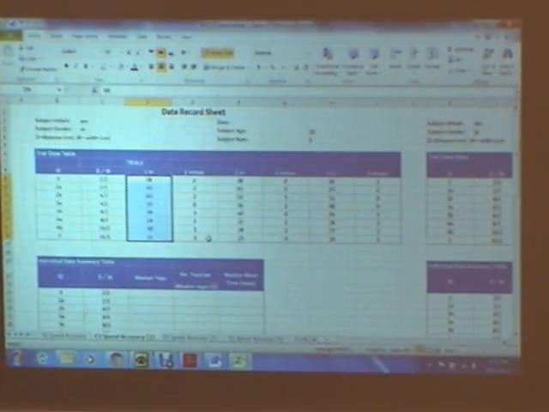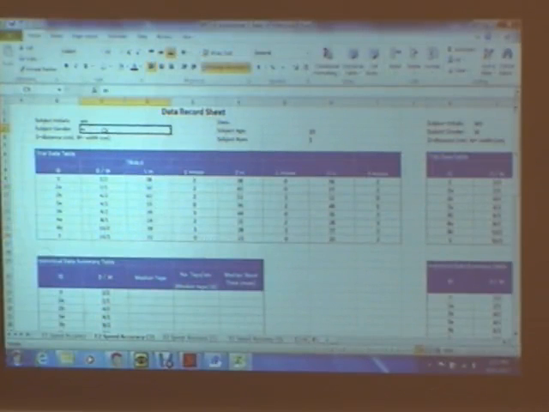Then those are the basic variables you test. Now there's something called grouping variables. These are variables that describe your participants, or whether or not you have different subjects. So here we have gender, because you have male or female.